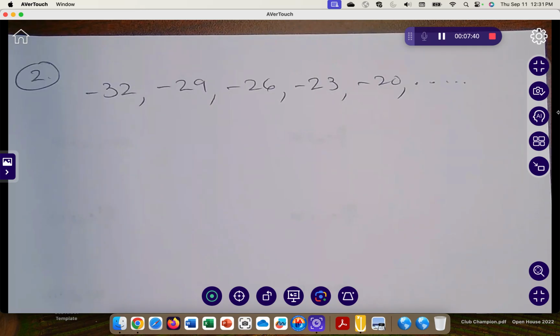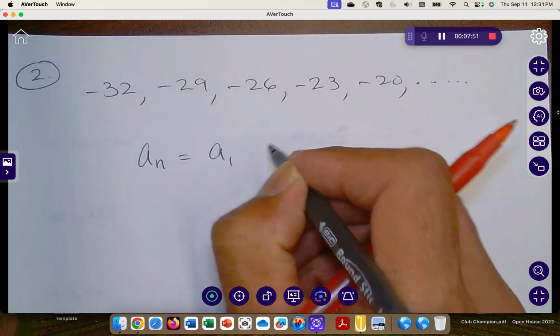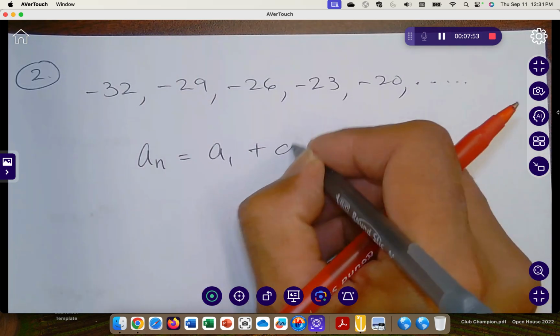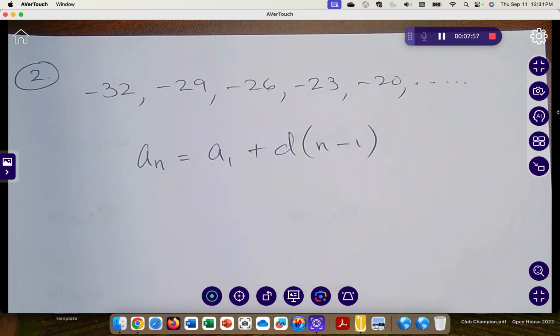Okay, remember, what are the 2 pieces or the parts of information that you need? Let me write the formula first, actually. A to the n is equal to a to the 1 plus d times n minus 1.